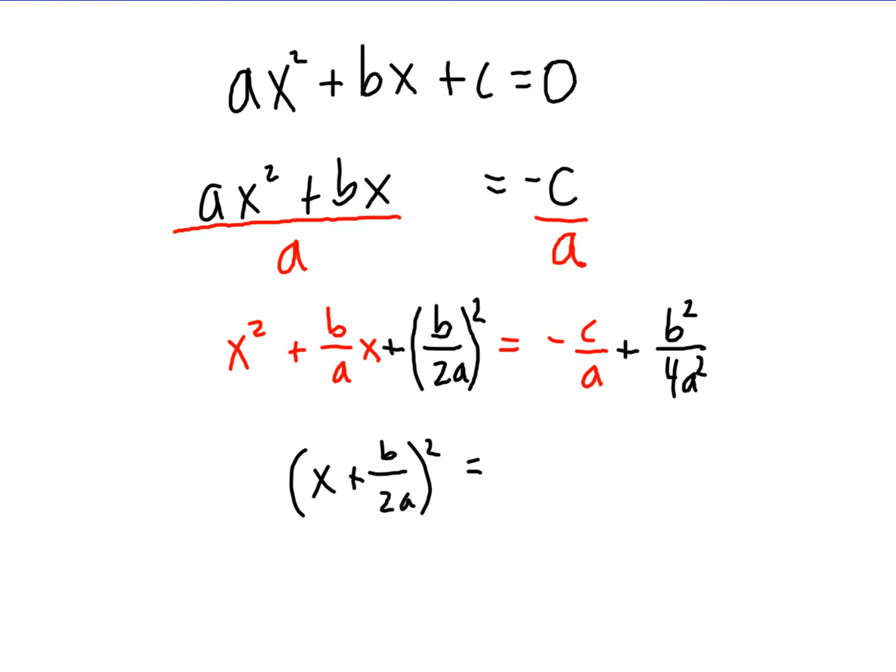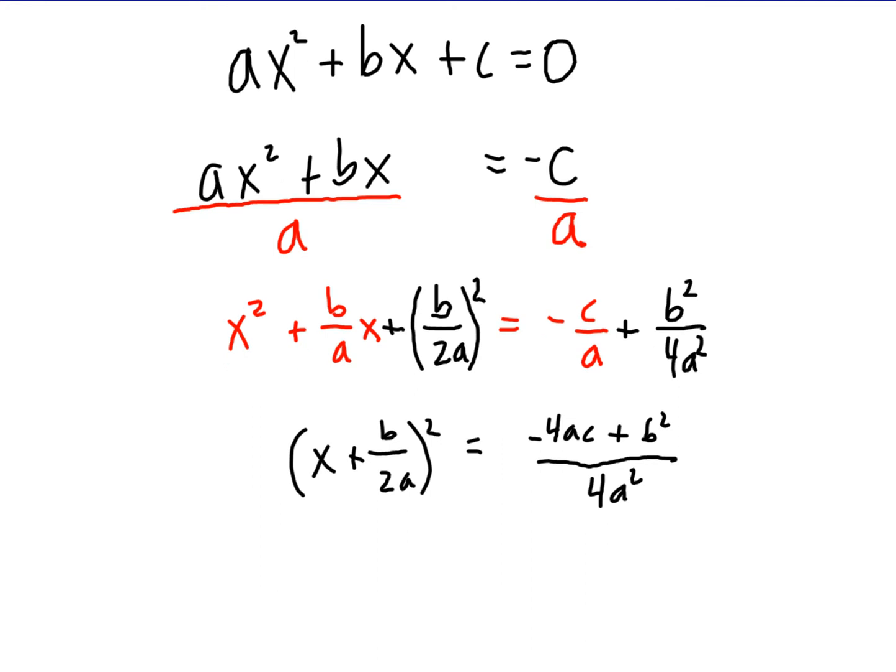So I'm going to multiply this term right here by 4a over 4a, which will give me 4a squared here. So now I have negative 4ac plus b squared all over 4a squared.